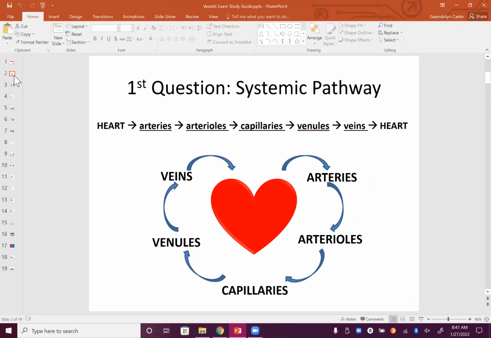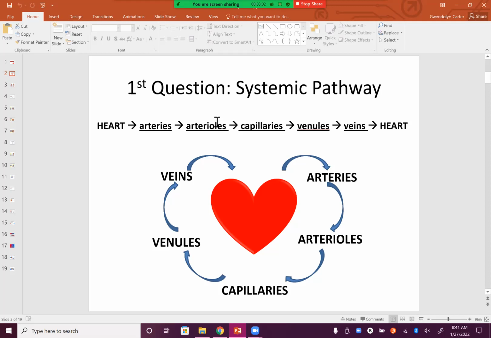So that pathway is this right here: arteries, arterioles, capillaries, venules, and veins. So you'll have the numbers 1, 2, 3, 4, 5, and a word bank to put stuff in. A kind of silly way of thinking about this: the alphabetical order for these words just happens to follow through.